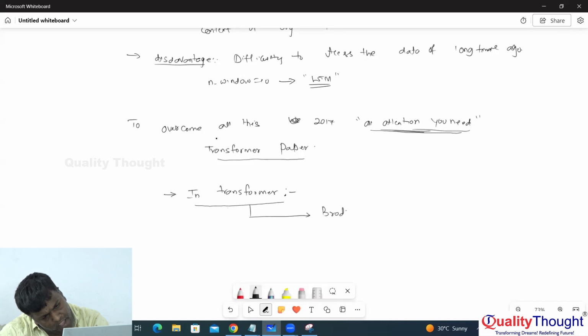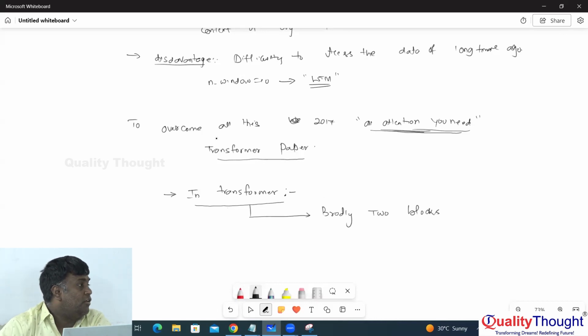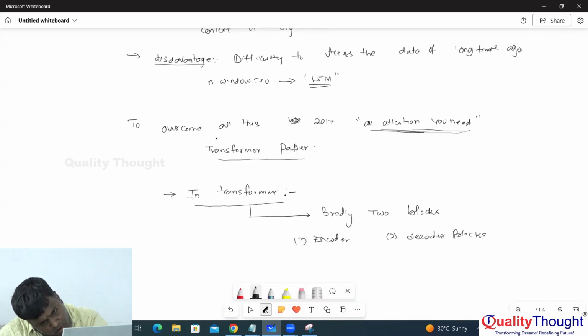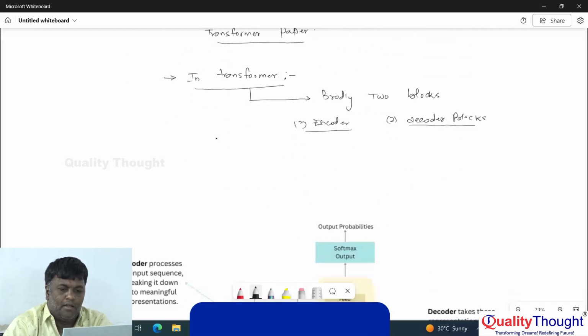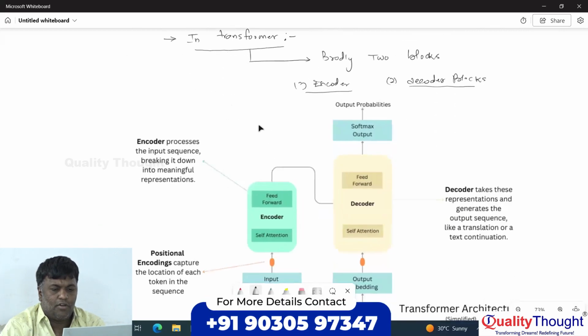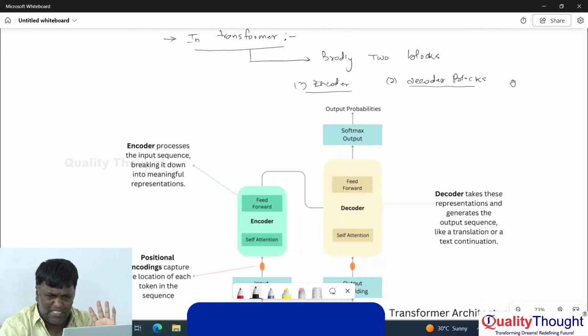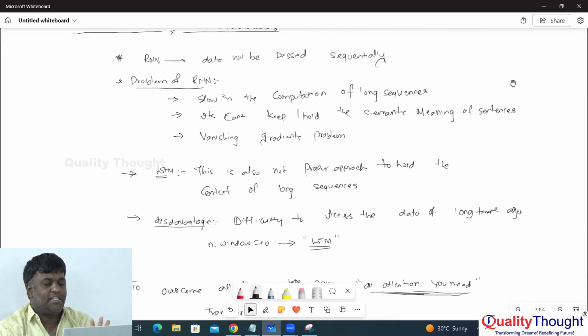we have broadly two blocks. What are they? Encoder and decoder block. And after this, you write down this for a basic thing, right?